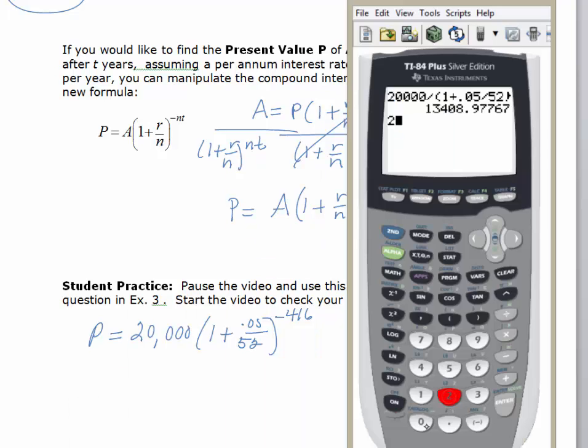We'll take 20,000 times, so open parentheses, 1 plus 0.05 divided by 52, close those, raise that to the negative 416, and hit enter, and you can see here you get the same exact value. We get the $13,409.